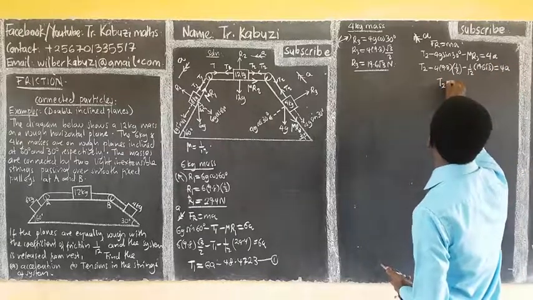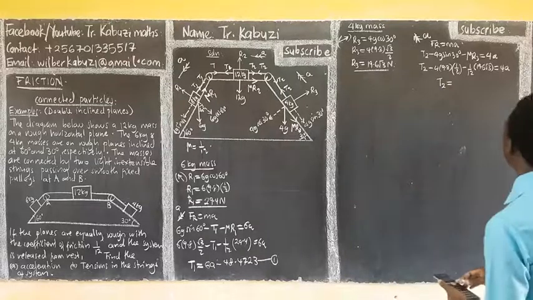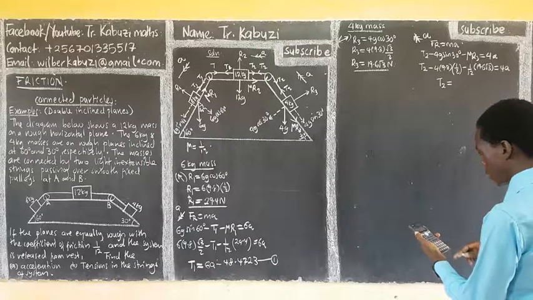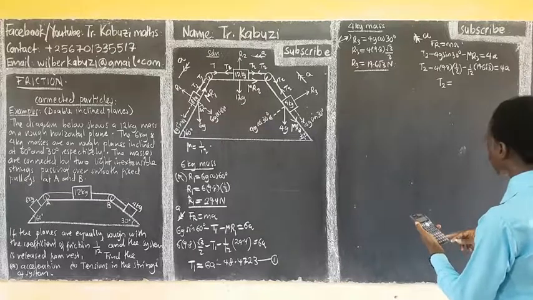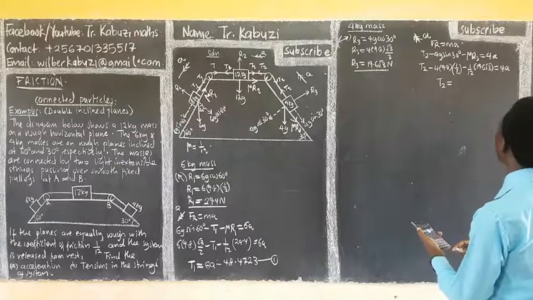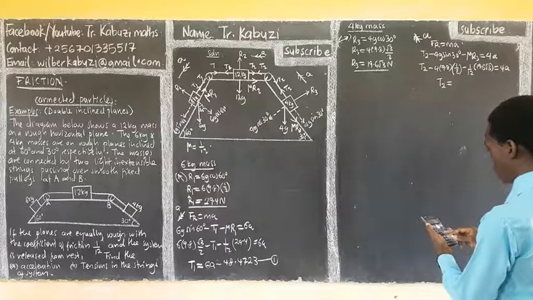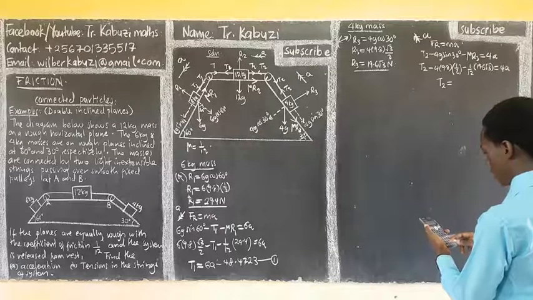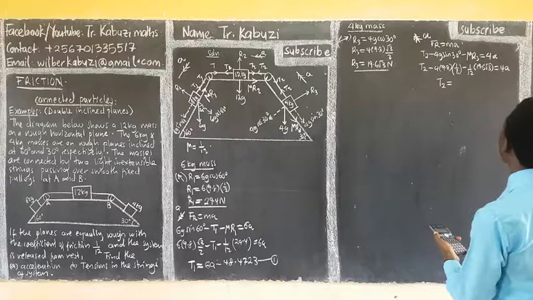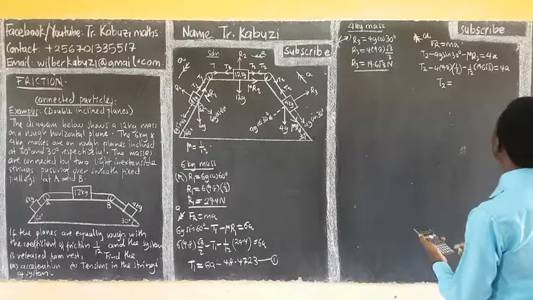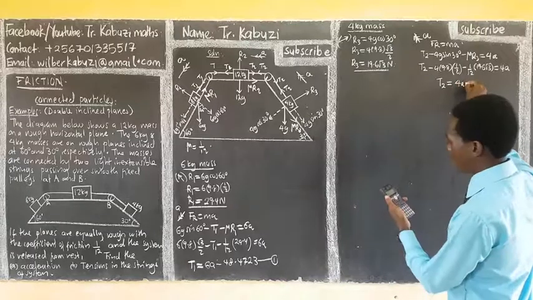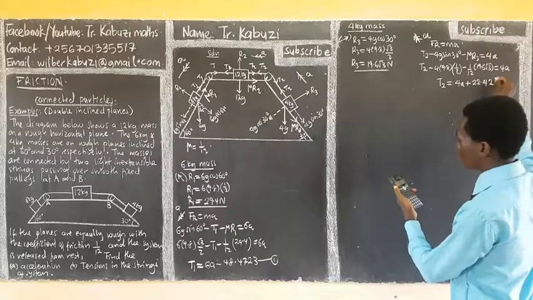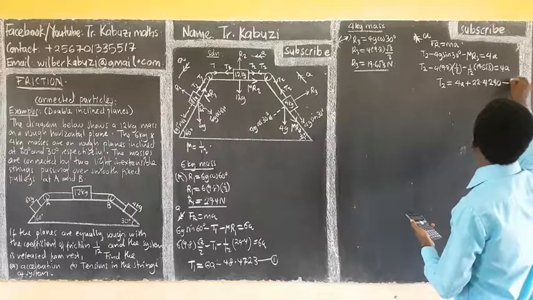From there, I can make T2 the subject. It's going to be 4A plus 22.4290 if we take it to the other side.